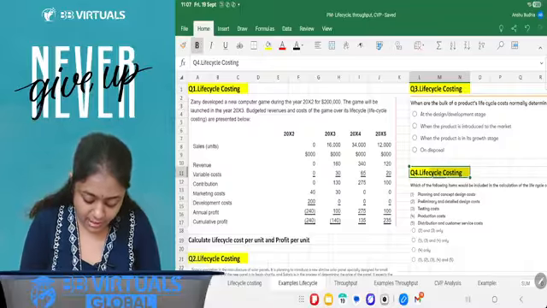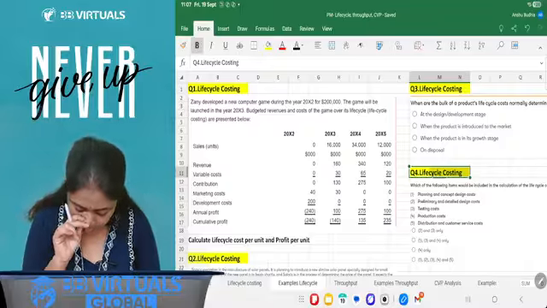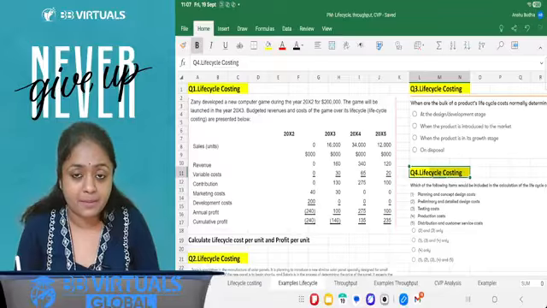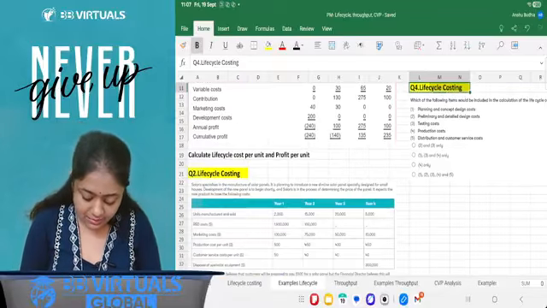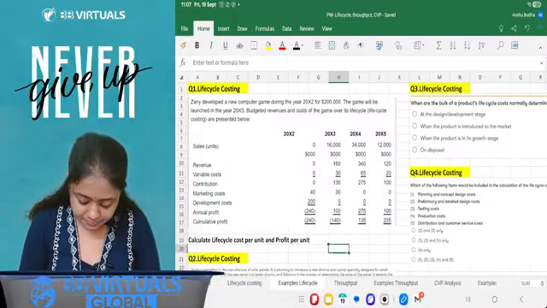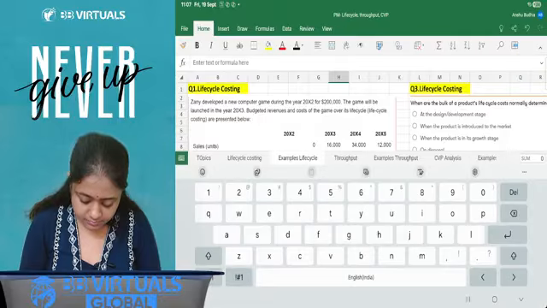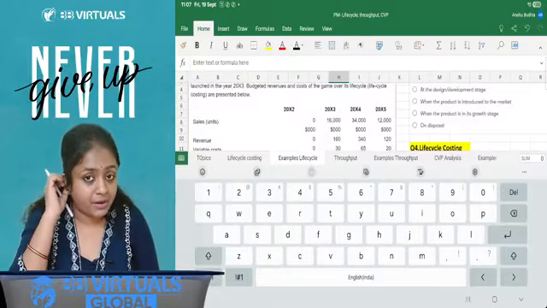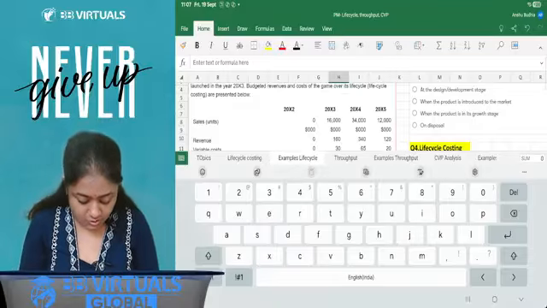This is the revenue and this is the cost, all the cost. Calculate the life cycle cost per unit and profit per unit. So I think we can do it. Okay, so let's get the totals and we need everything per unit. So first let's get the life cycle cost per unit.